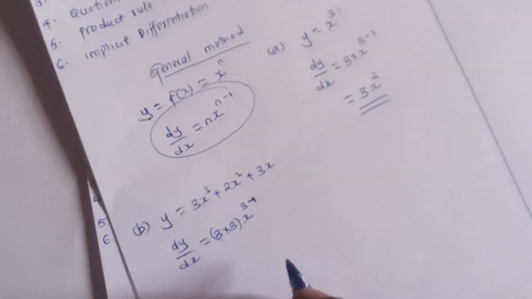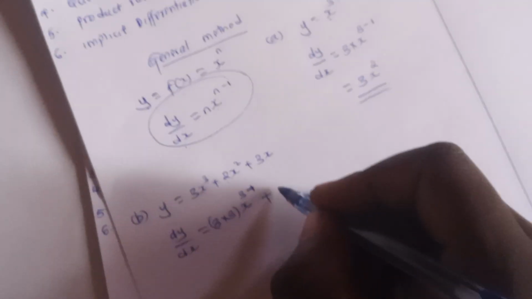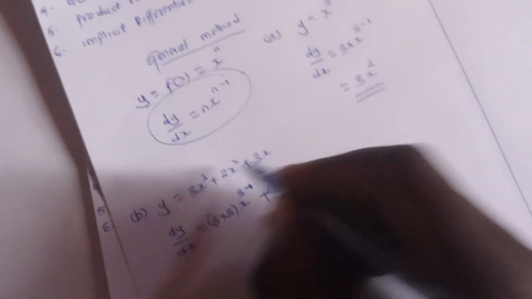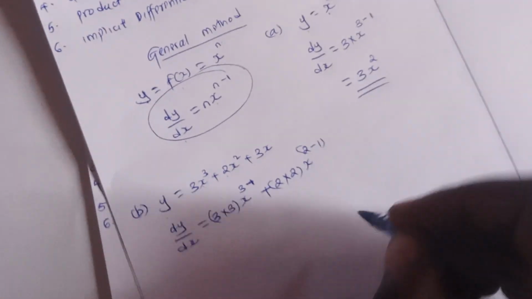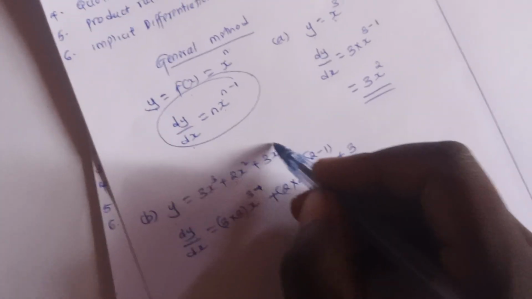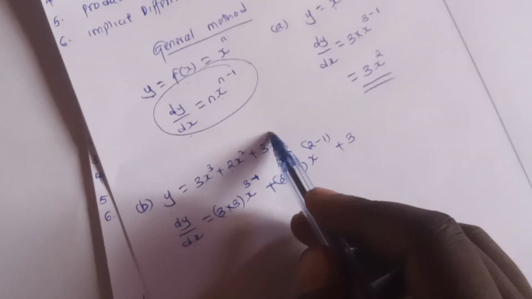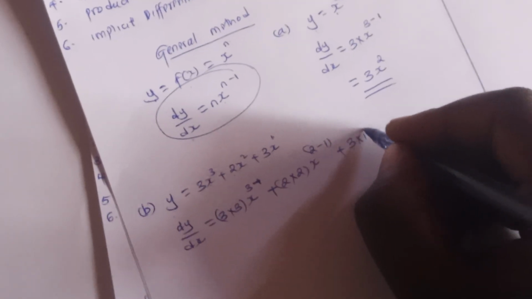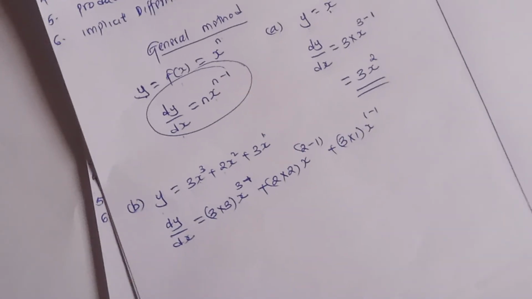I subtract 1 from that power. Then I add, as usual, 2 multiplied by 2, then x, subtracting 1 from this power, then plus 3 times 1, because there is a 1 here that is not written, multiplied by x raised to 1 minus 1.